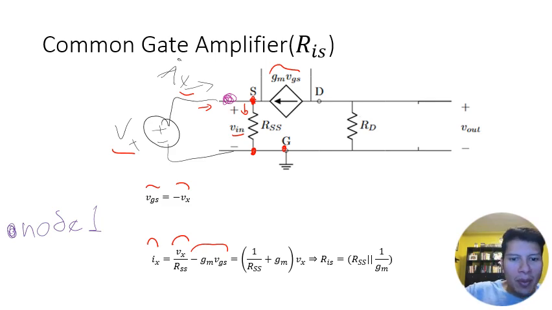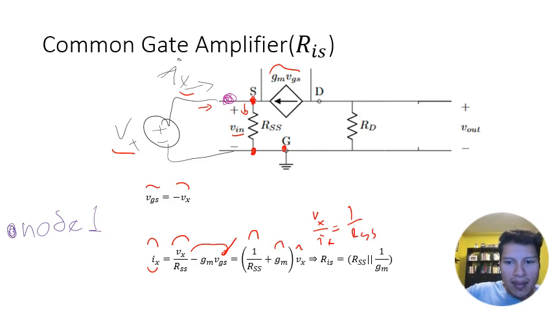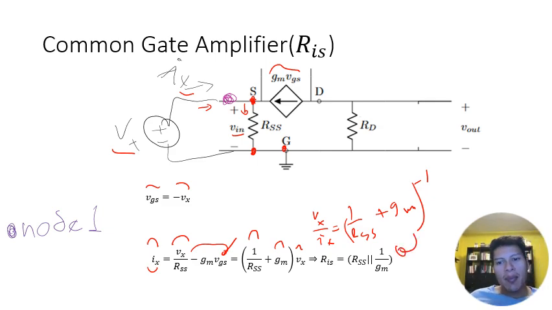And then we are going to replace this VGS with negative Vx. So that's going to give us 1 over RSS plus Gm times Vx equals Ix. And then the ratio of Vx over Ix would just be 1 over RSS plus Gm to the negative 1. And that's equivalent to saying that the input resistance is just RSS in parallel with 1 over Gm. So remember that 1 over Gm is the inverse of Gm. Okay, so that's the input resistance, and that concludes this particular lecture.